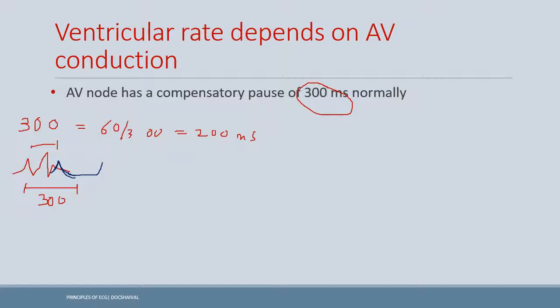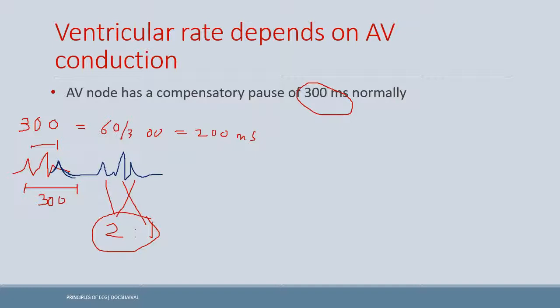So let me draw again. This one is our P wave, followed by QRS complex, then again a P wave, then with the pause, because of the pause there is no QRS complex. So can you see what is happening? We are seeing a 2-to-1 ratio. There are two P waves but only one QRS complex. So this is a 2:1 ratio in atrial flutter. Like this we plot the ratios.